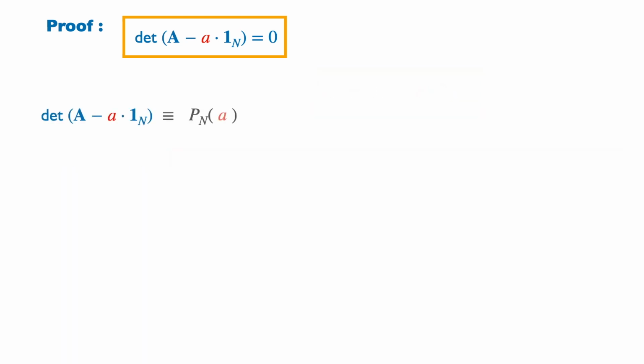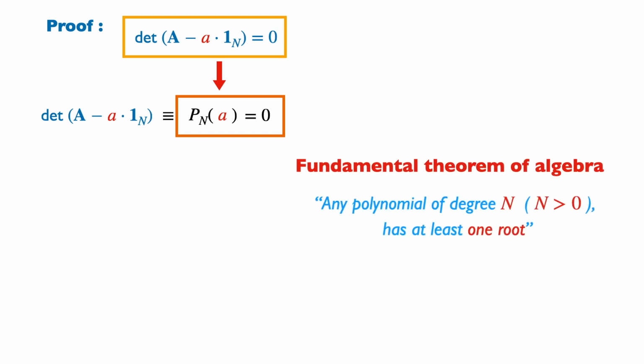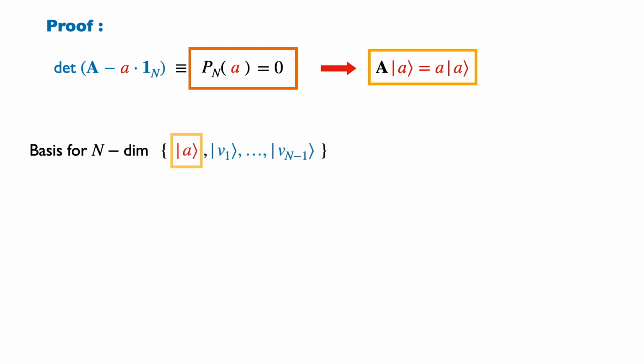And so the determinant equation can be written as a polynomial equation. Recall that the fundamental theorem of algebra states that any polynomial of degree n with n greater than 0 has at least one root. This implies that our equation has at least one solution. We can then choose the eigenvector corresponding to this solution to be an element of an orthonormal basis of the n-dimensional Hilbert space.